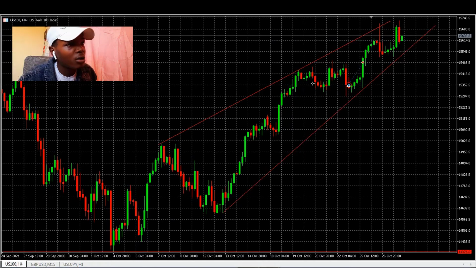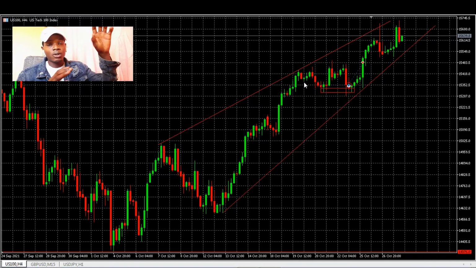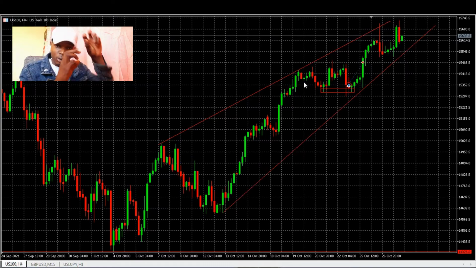So I saw this area as my support zone, so meaning that if the market turns around, this is where I'm gonna be buying from, because with Nasdaq it shoots up, then it retraces, shoots up, then it retraces. So I was looking to enter a buy right on that retracement. So it did exactly that at this area.